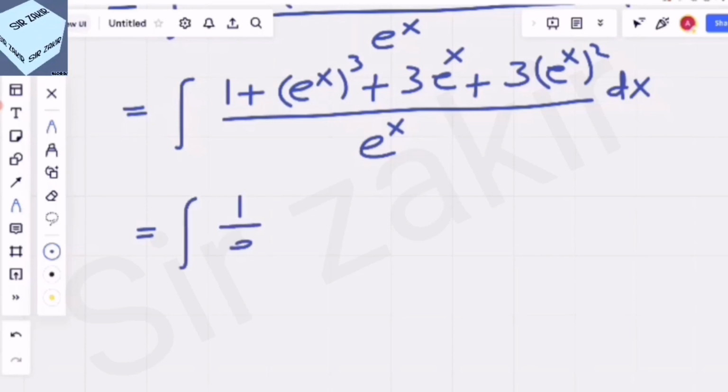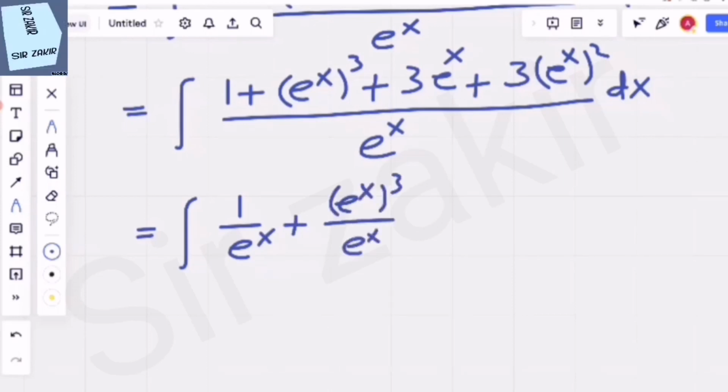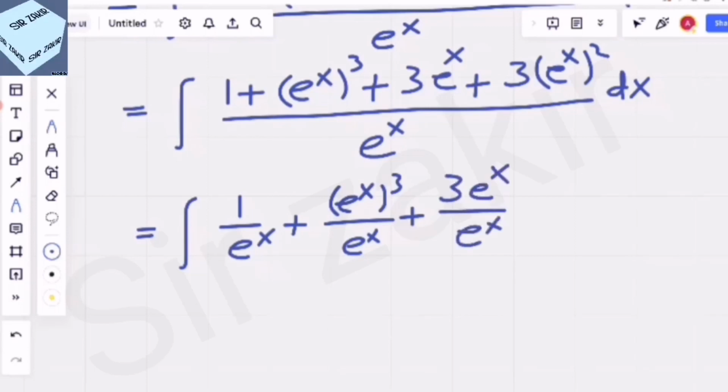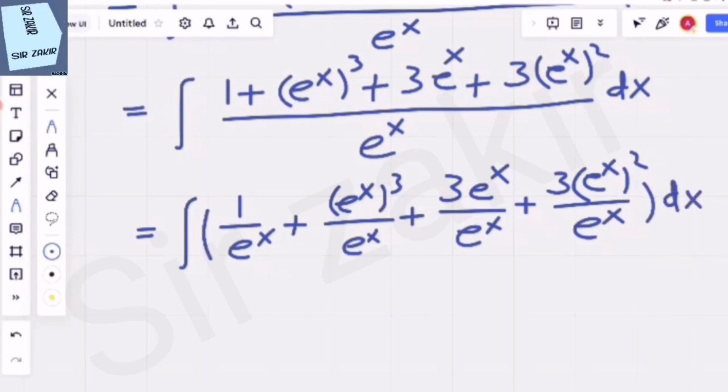We split this fraction: (e^x)^3 by e^x, 3e^x by e^x, 3(e^x)^2 by e^x, dx. This is cancelled and the power becomes 2. This is cancelled. One of them is also cancelled.